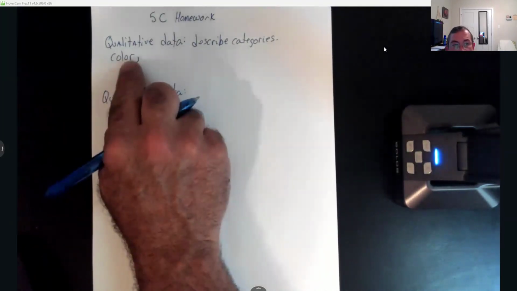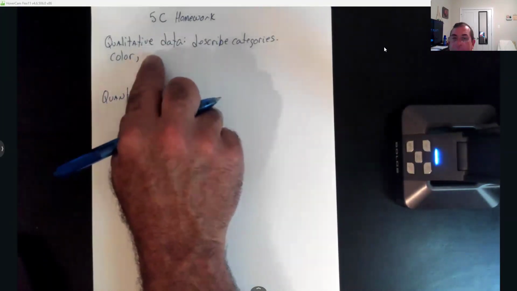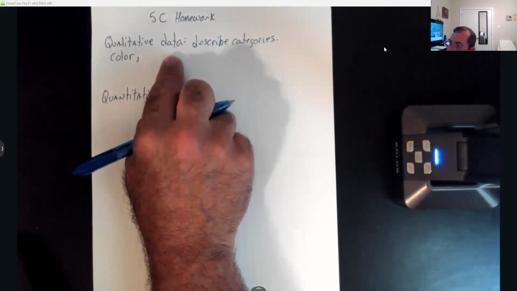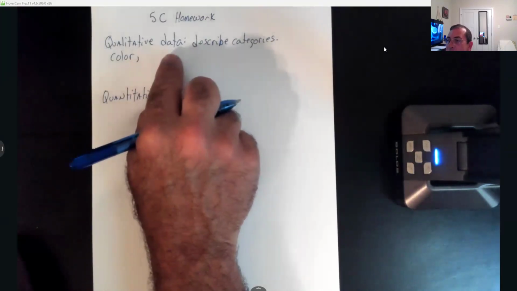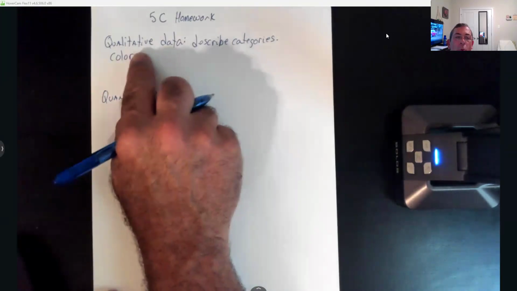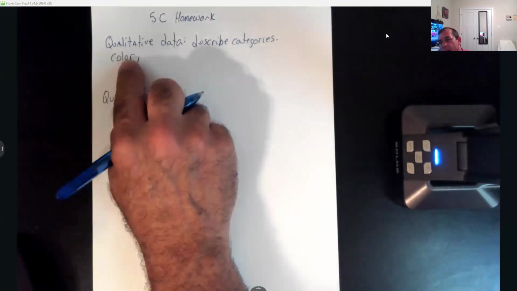So you can look at eye colors. If you had a movie theater, you could look at the different movies. If you're looking at clothing, you could be looking at shirts versus pants versus other clothing. Okay. So qualitative data describes things like color and stuff like that.